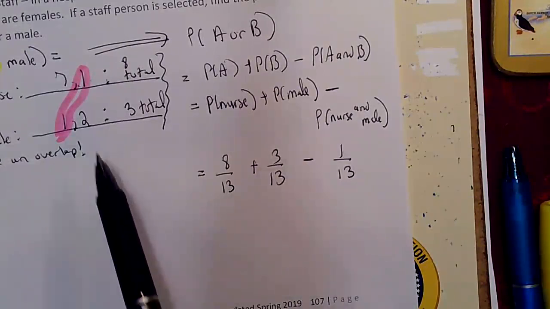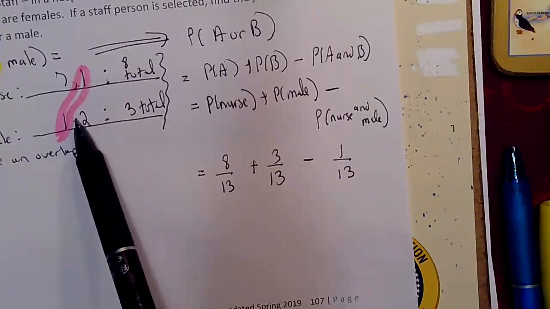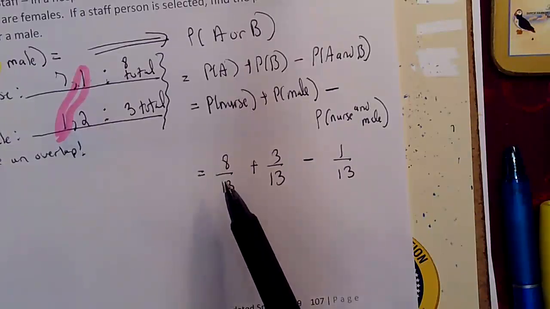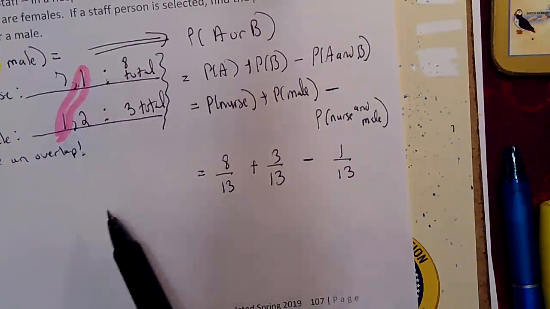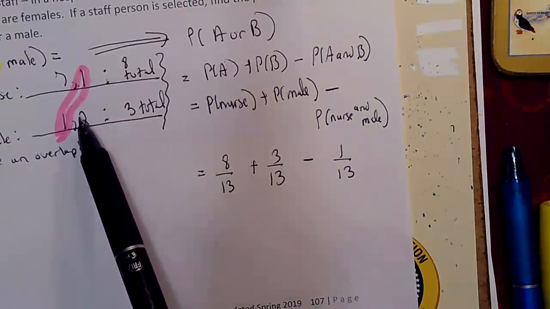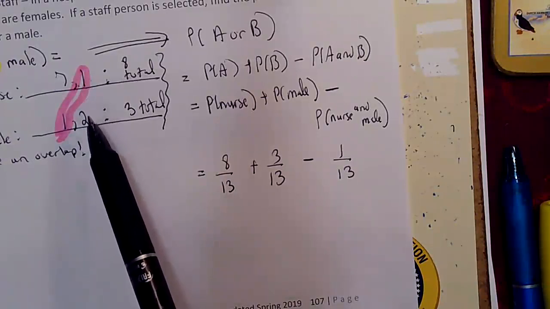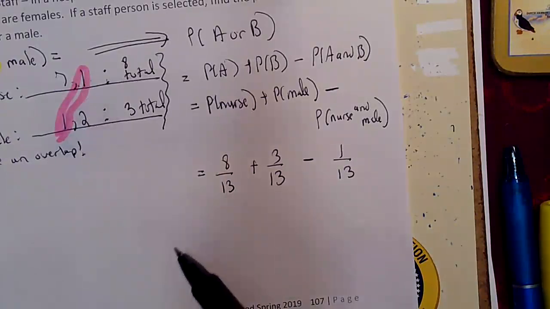So if they were cards, you would subtract the 1 over 13. But if they're people, 5 people, you don't want to count those people twice that overlap. So then you have to subtract 5 out of 13. You do have to get used to that and practice that.